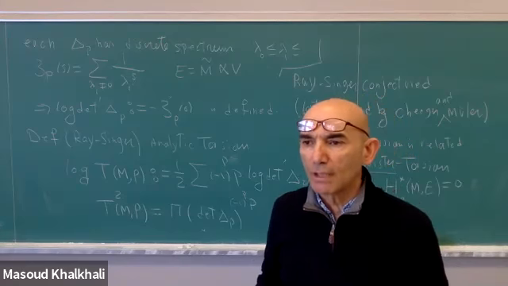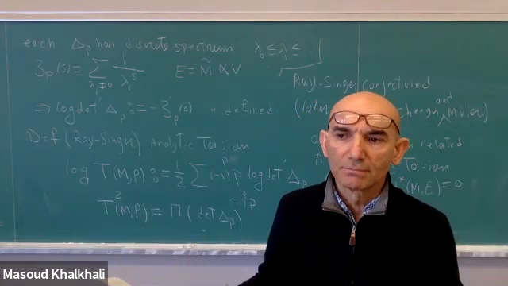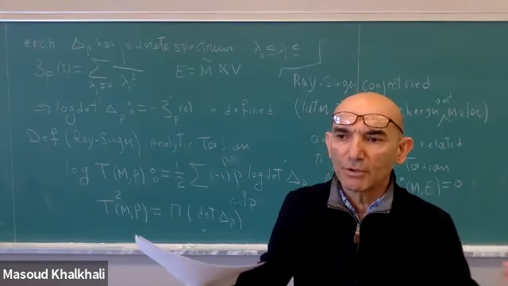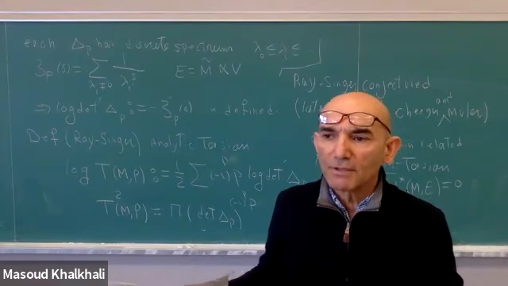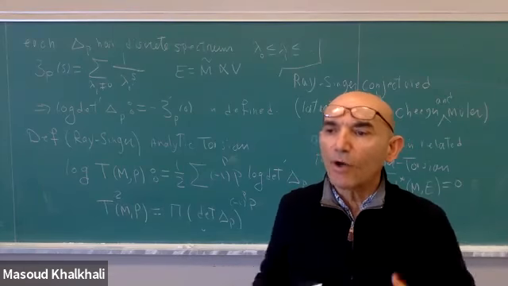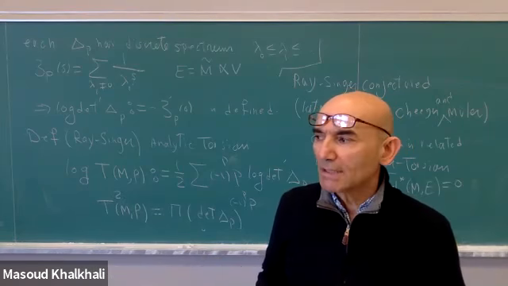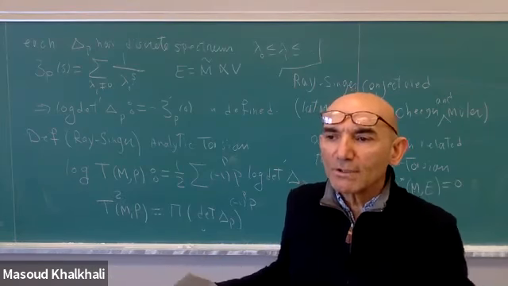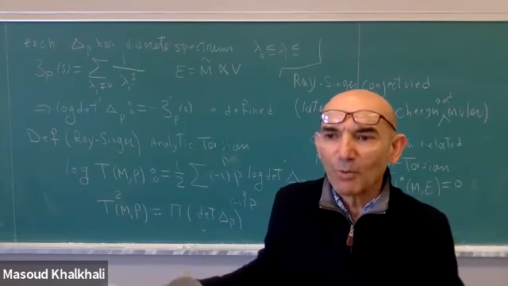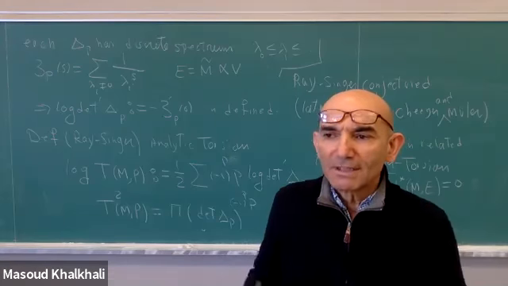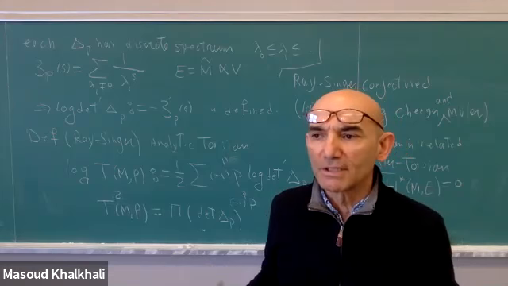Let me give you something. Imagine you have a chain complex, some cohomology theory, and imagine the cohomology of this complex is trivial in all dimensions. The question is, what can you do with this complex topologically? It looks hopeless, right? Because there is no topological information in this chain complex, since its cohomology is zero.